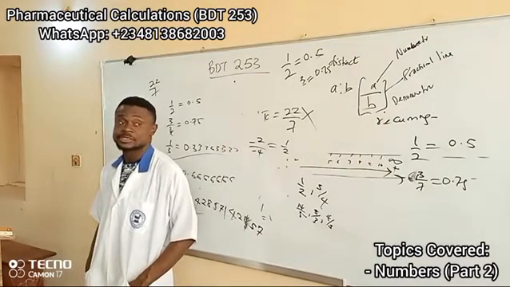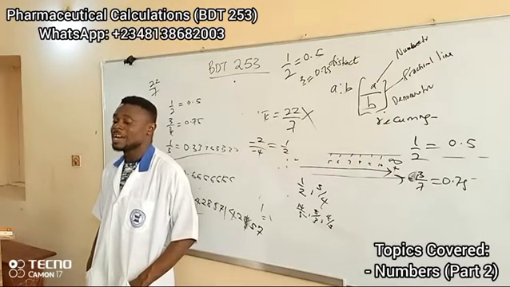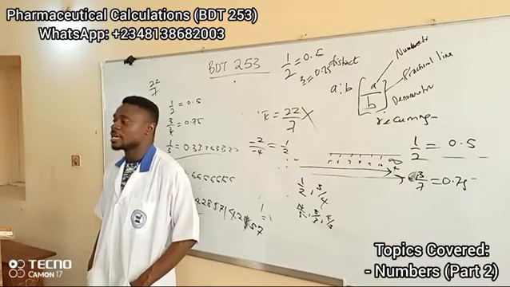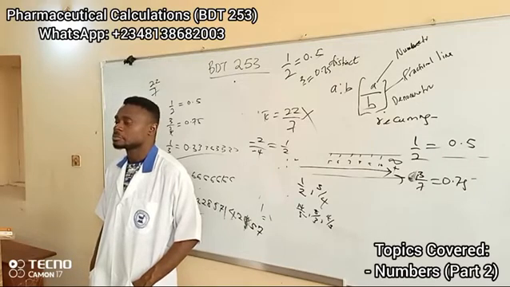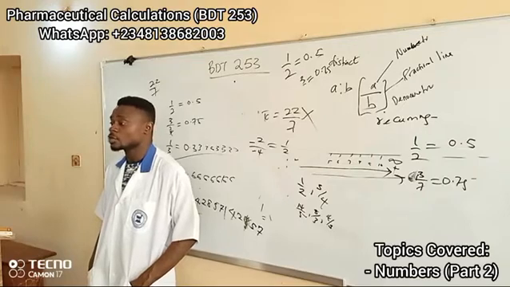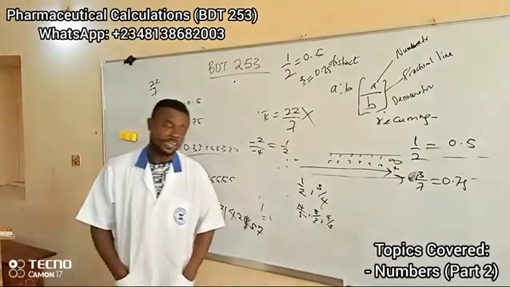Improper fractions. Then we have mixed fraction. A mixed fraction has what? A whole number and a proper fraction. A mixed fraction contains a whole number and a proper fraction.